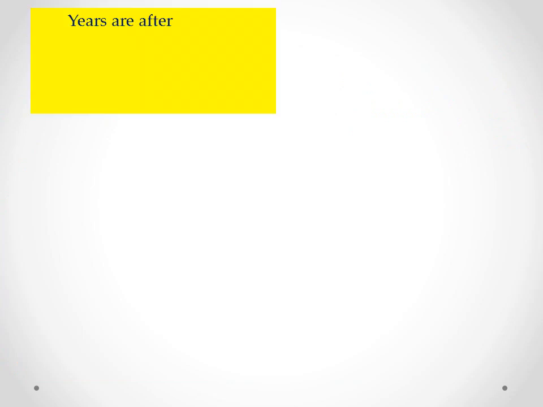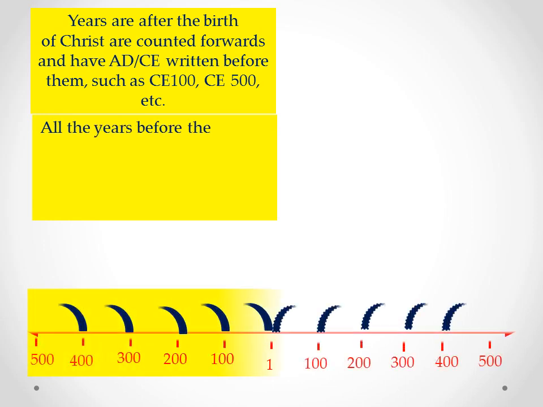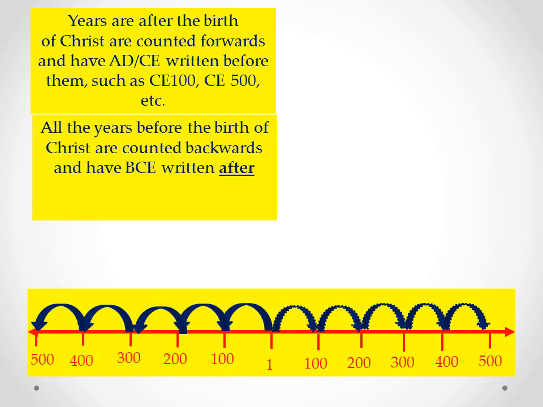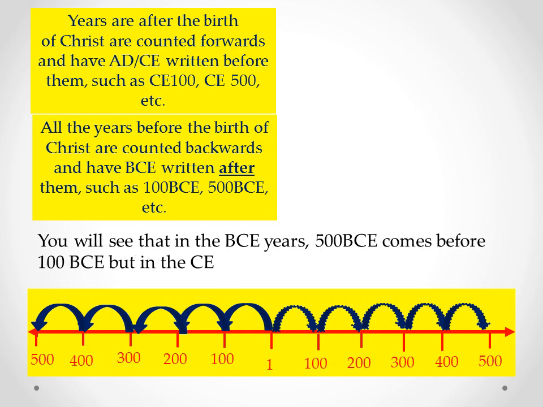Years after the birth of Christ are counted forward and have AD or CE written before them, such as AD or CE 100, AD or CE 500, etc. And all the years before the birth of Christ are counted backwards and have BCE written after them, such as 100 BCE or 500 BCE.